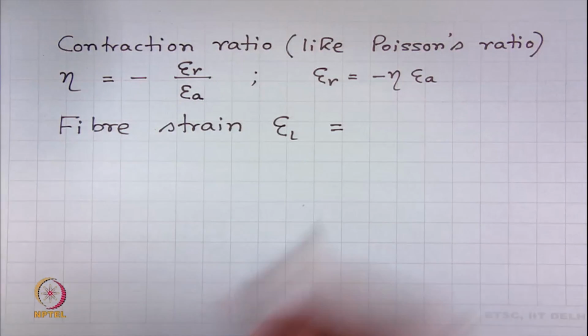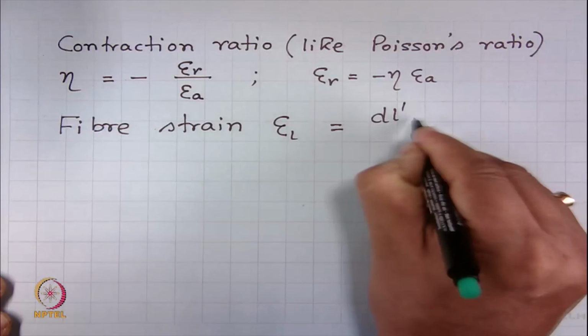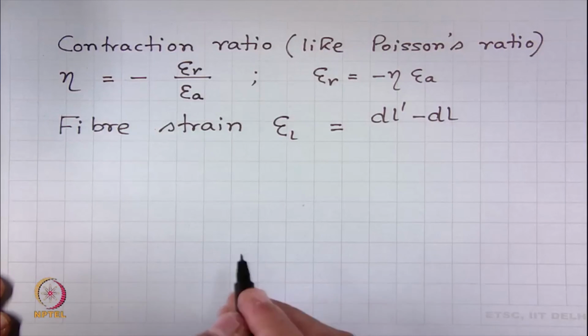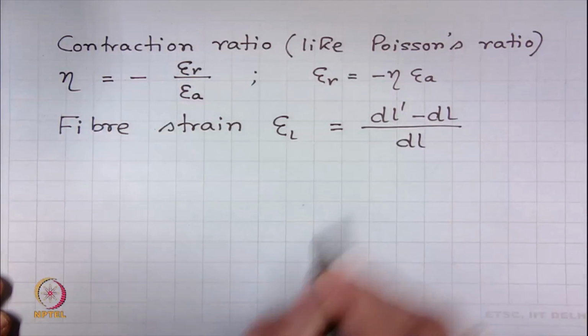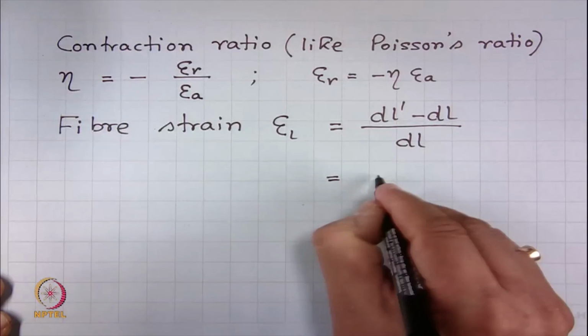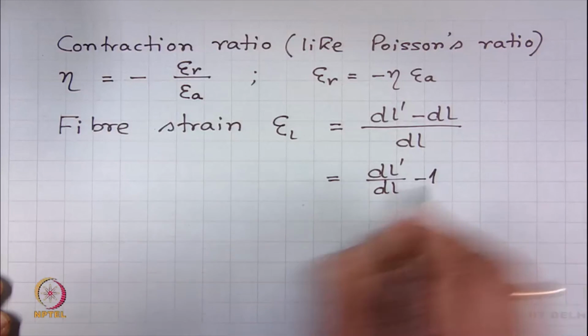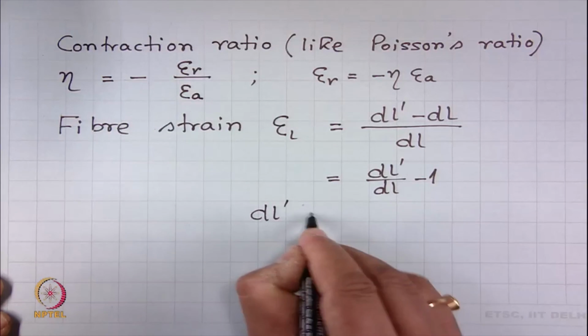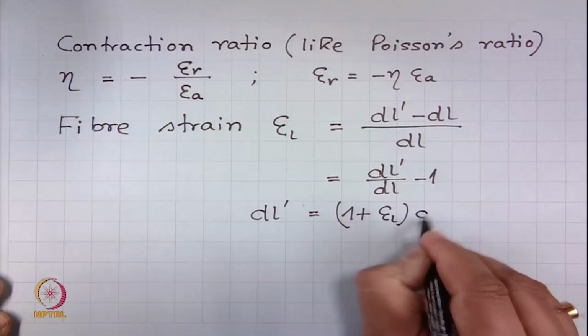What is change in fiber length? dl prime minus dl is the change in fiber length divided by original length. So, dl prime divided by dl minus 1. So, dl prime is 1 plus epsilon L into dl.